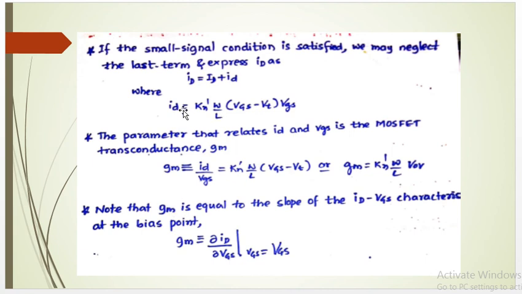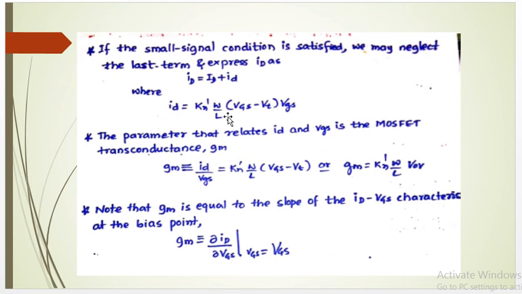So from that we have derived the expression for AC current, where id can be given as Kn dash W by L VGS minus VT into vgs. The parameter that relates id and vgs is the MOSFET transconductance gm.